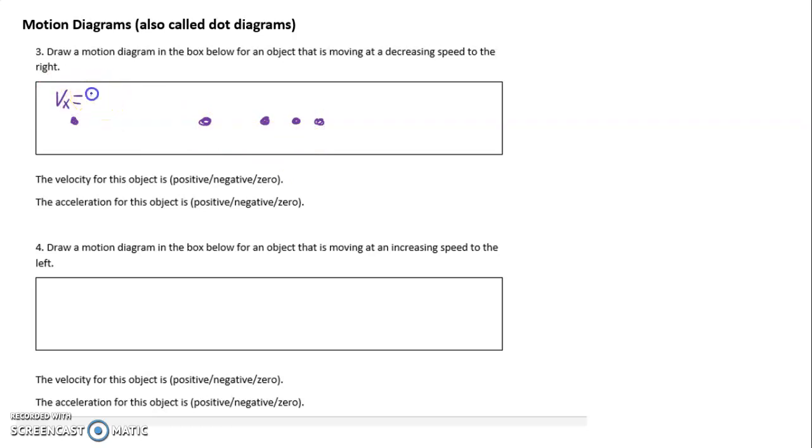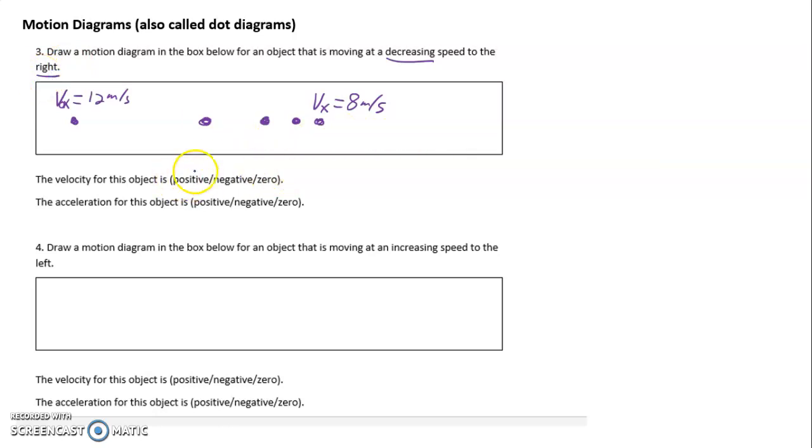Let's say it was going at 12 meters per second, and that should be v naught x, the beginning velocity, and the later velocity, we can pick almost anything we want. It just has to be less than 12 because we know it's a decreasing speed, and that's how we drew our dot diagram. Covered a lot of ground at first, then covered less ground, even less, even less. So just some number less than 12. It does have to be a positive number since we have our object moving to the right.